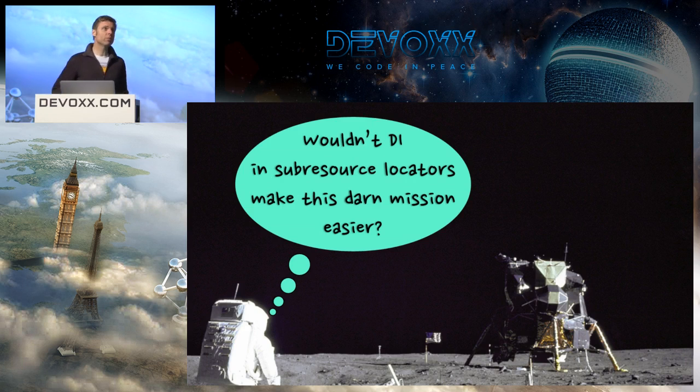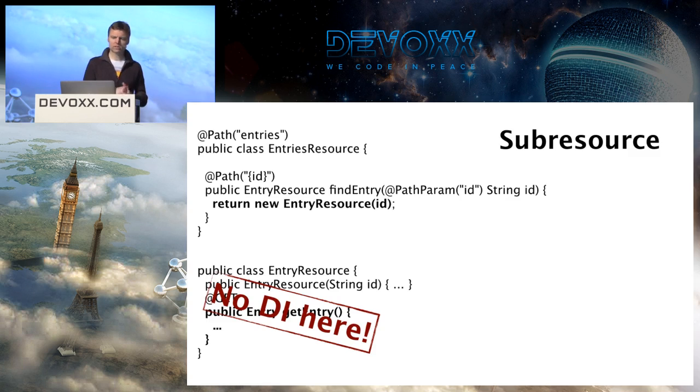So the last topic is actually a very tiny one, but also very powerful, because so far, if you are familiar with the sub-resource locator concept, I will explain that. So you have in JAX-RS 1.1 the concept of sub-resource locators.